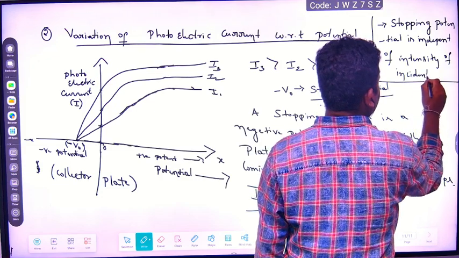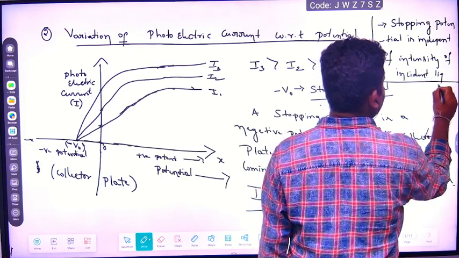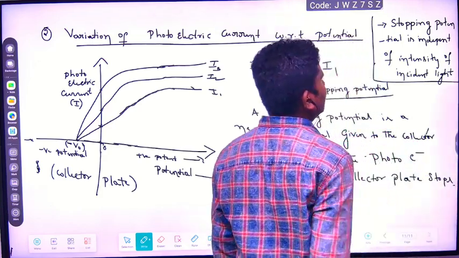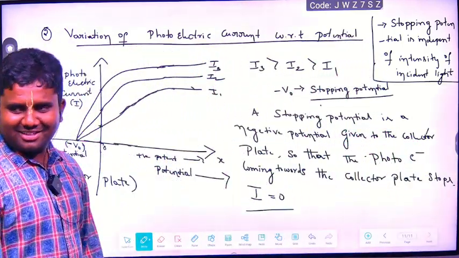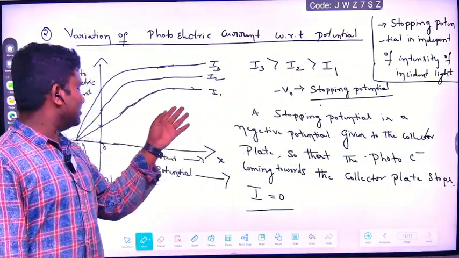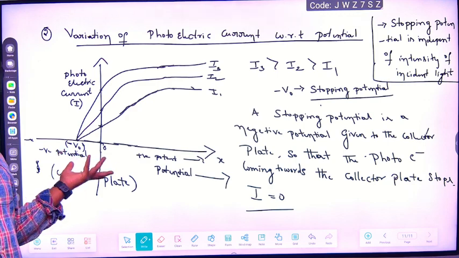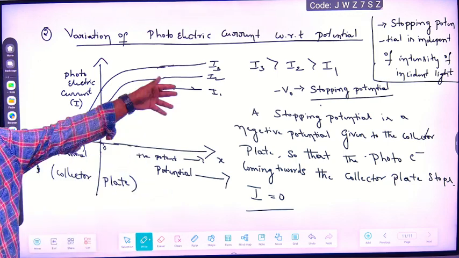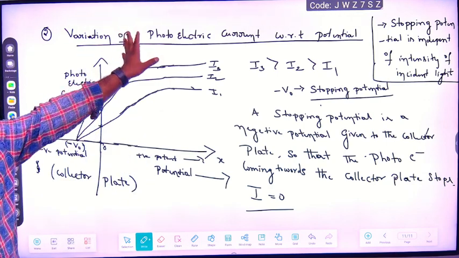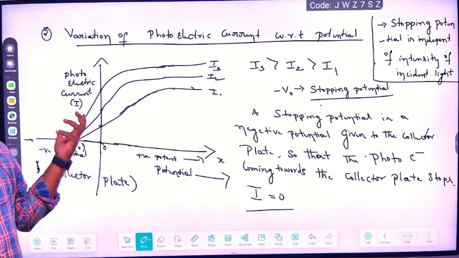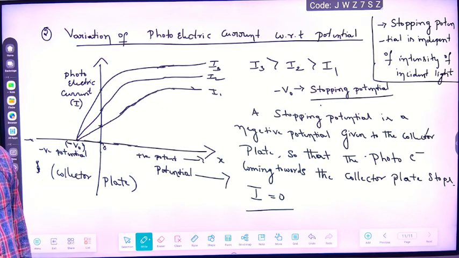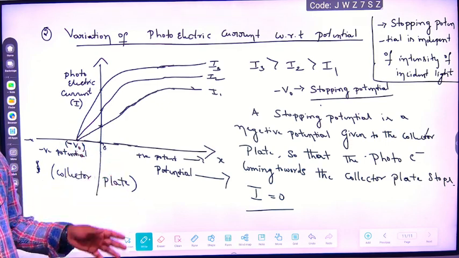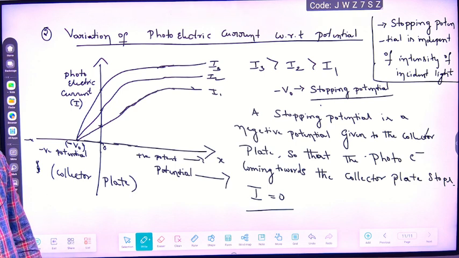Is it dependent on the intensity of incident light? Whatever intensity you take, whether more or less, you see the stopping potential is the same. Understood? So that's why it is independent of intensity, but it depends on what?